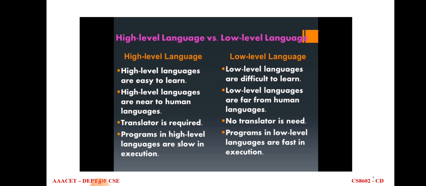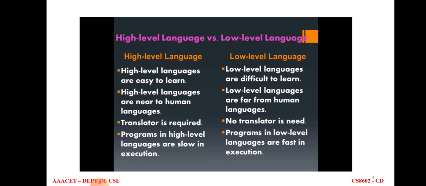These are some of the differences between high level language versus low level language. High level language is very easy to learn compared to low level language, which is somewhat difficult to learn. High level language is human readable and understandable, but low level language is machine readable only.